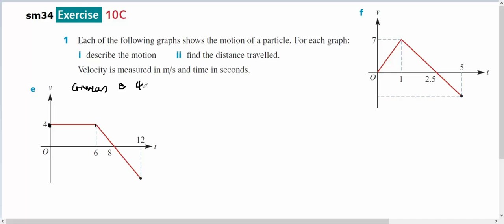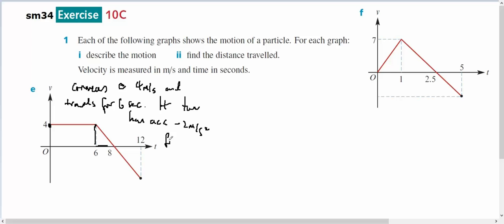It then decelerates, so we go down 4 and over 2, an acceleration of minus 2 metres per second squared from 6 seconds to 12 seconds, and it will finish down here.